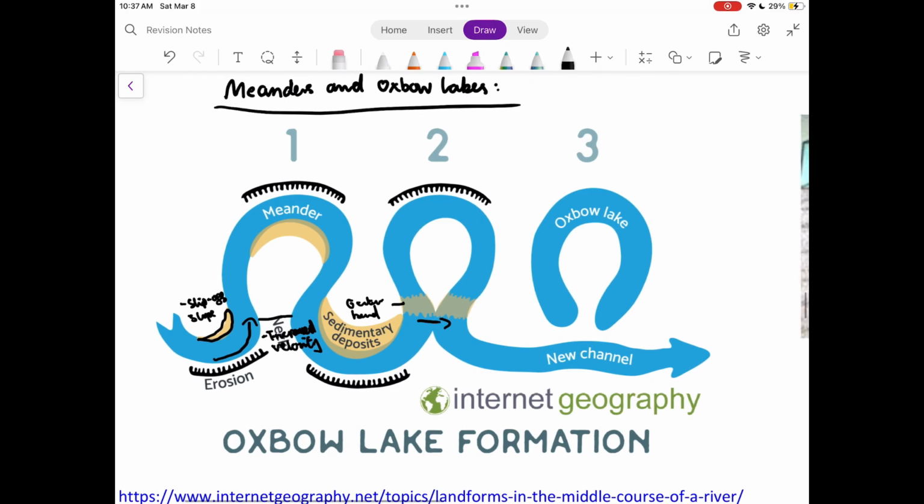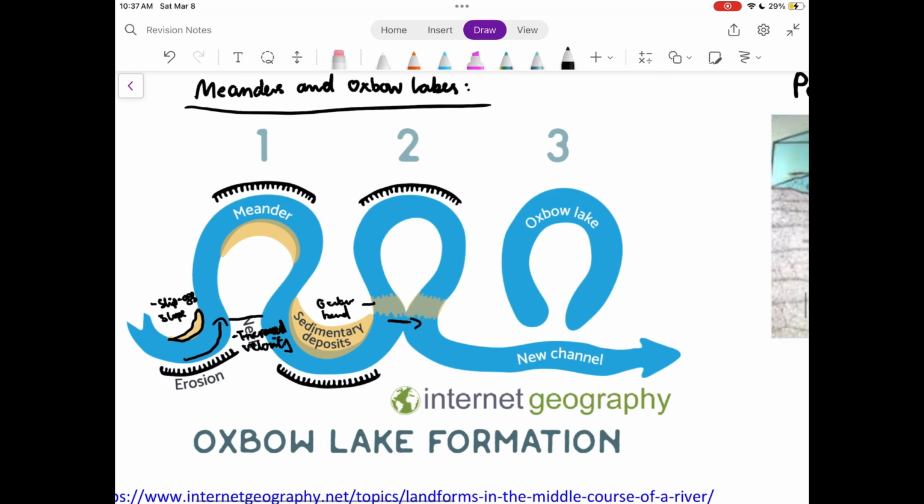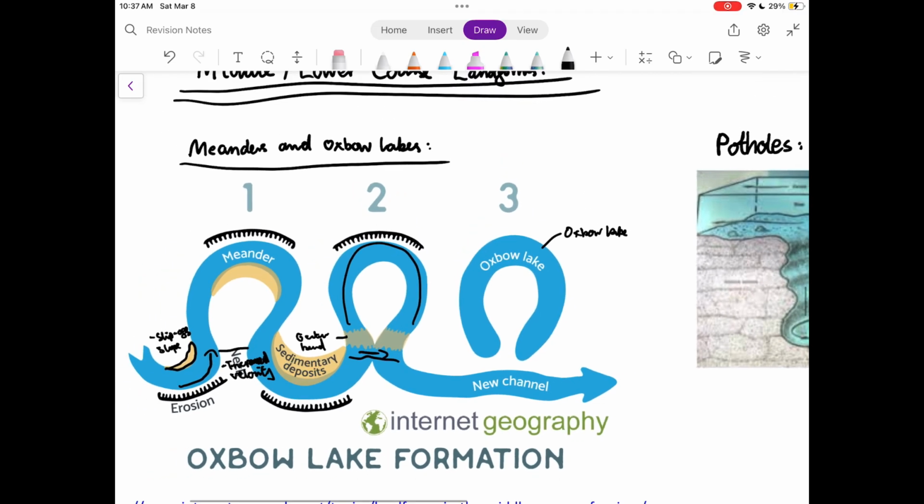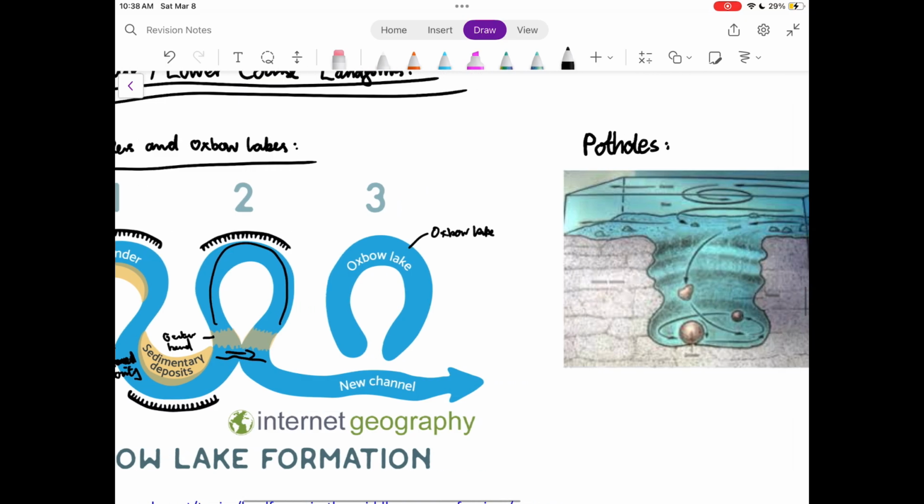This causes the separation of this oval shape here from the main channel, which is here. This oval shaped lake is called an oxbow lake. It is cut off from the river, and eventually it will dry up because there's no source of water that fills the lake. So that's all you need to know for meanders and oxbow lakes.